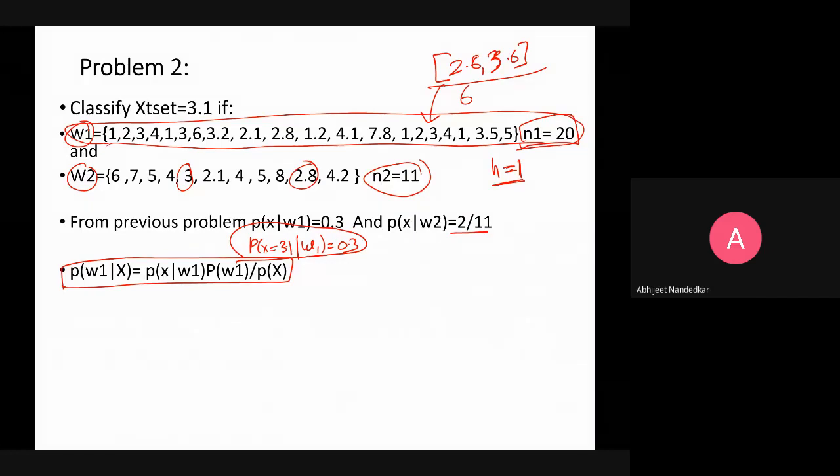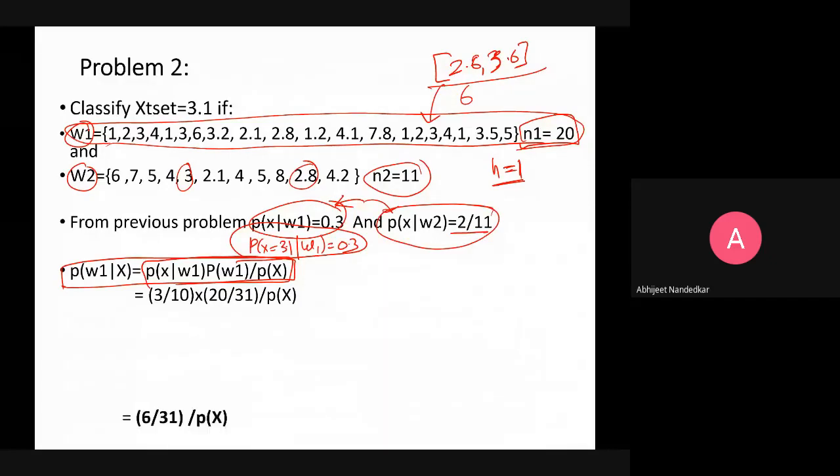Then use these likelihood estimates. You substitute them in your Bayes equation, say here for omega 1, and you will get the posterior. So this will be 3 by 10, times 20 by 31, divided by p of x. I am not calculating this p of x, which is not required for taking my decision.